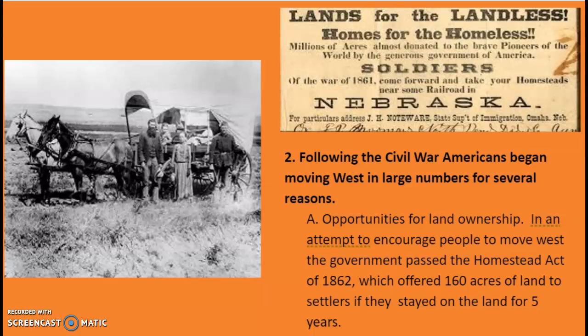And this offered 160 acres of land to settlers if they stayed on the land for 5 years. So if you moved to the Great Plains and you stayed there for 5 years, you would get 160 acres of land. It's for you. You don't need to pay for it. And so obviously a lot of people who are poor are definitely going to want to be moving out here.